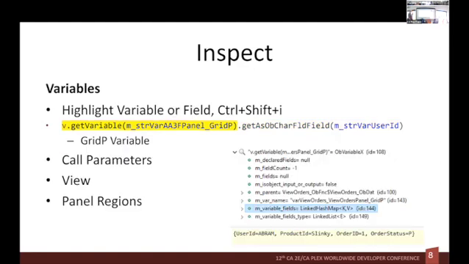Alternatively, you can also take a look at the whole variable at the same time. If I want to see every field that's in grid P, I just need to select the v.get variable grid P and do the inspect, Control-Shift-I. And it gives me a few more options from Plex's internal representation.